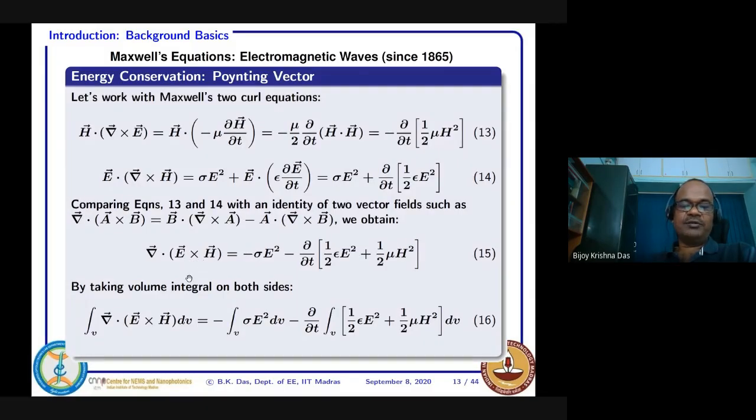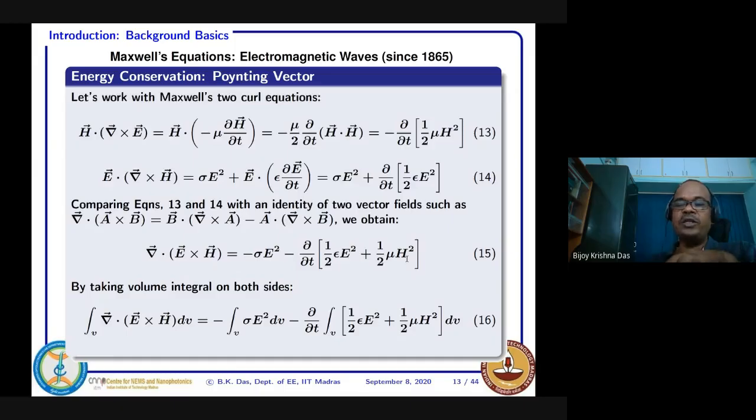Now the right hand side, you see, is energy density. If you want information about total energy, you have to integrate, because this equation is true for a point in space.